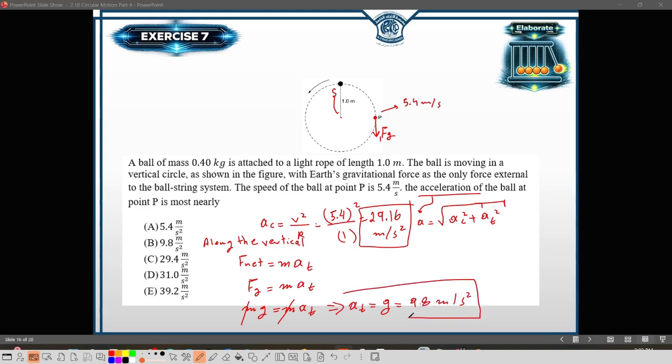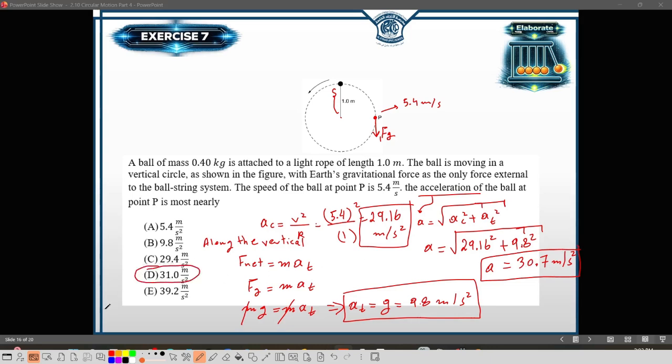So we have now the AT, we have the AC, we just plug them in to get the final answer. The magnitude is the square root of 29.16 squared plus 9.8 squared. The final answer for the magnitude of the acceleration at point P is approximately 30.7 meters per second squared. The closest answer to my answer would be D. So D is the correct answer.